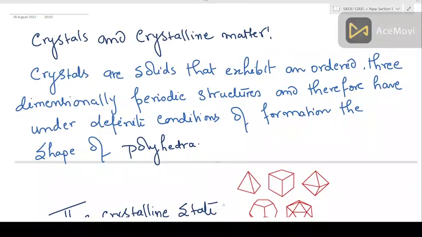So today's topic is the crystalline state of matter. Crystals and crystalline matter. Crystals are all around us, and you will be surprised to know that crystals are dominating all the technologies that we have around us.